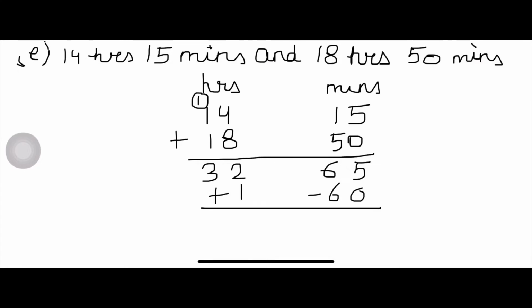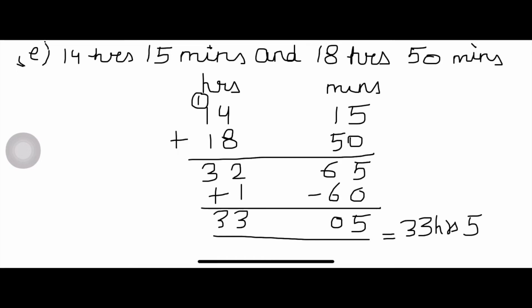This is the rule: whenever the minutes exceed 60, you have to subtract 60 minutes and add 1 to the hours. Now here only 5 minutes is left and hours is 33. So the answer is 33 hours 5 minutes.